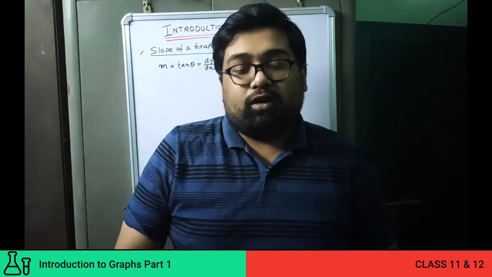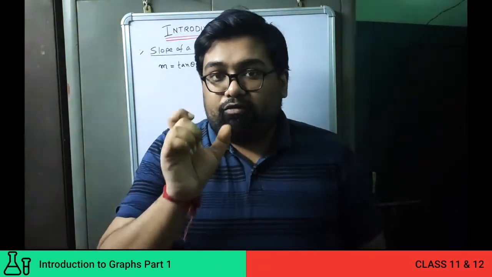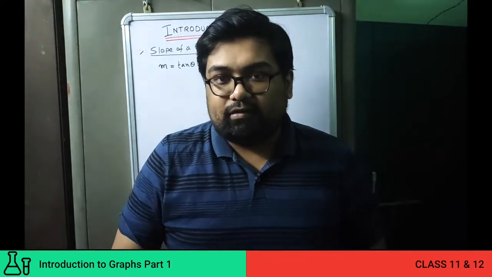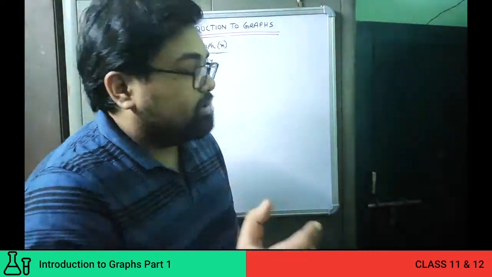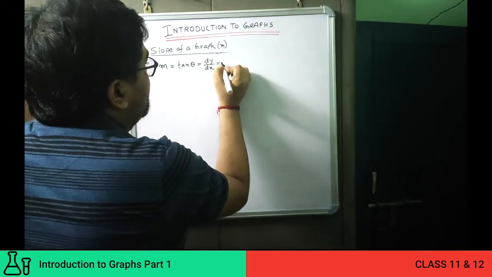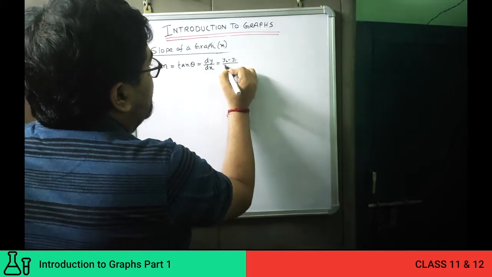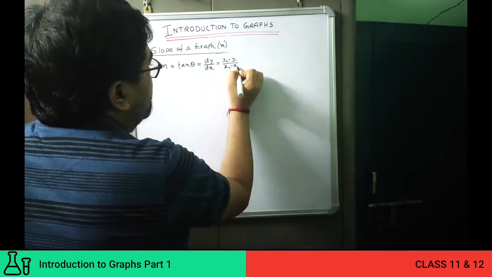You might be thinking, what is this? dy/dx is actually a differential term. It implies a very small change in y with respect to a very small change in x. So we can represent the change as (y2 minus y1) by (x2 minus x1).